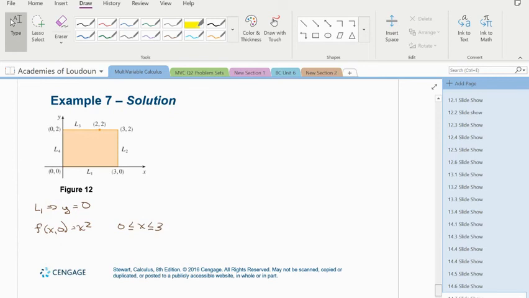This is an increasing function of x, so its minimum value is f(0, 0), which is 0, and its maximum value is f(3, 0), which is 9.